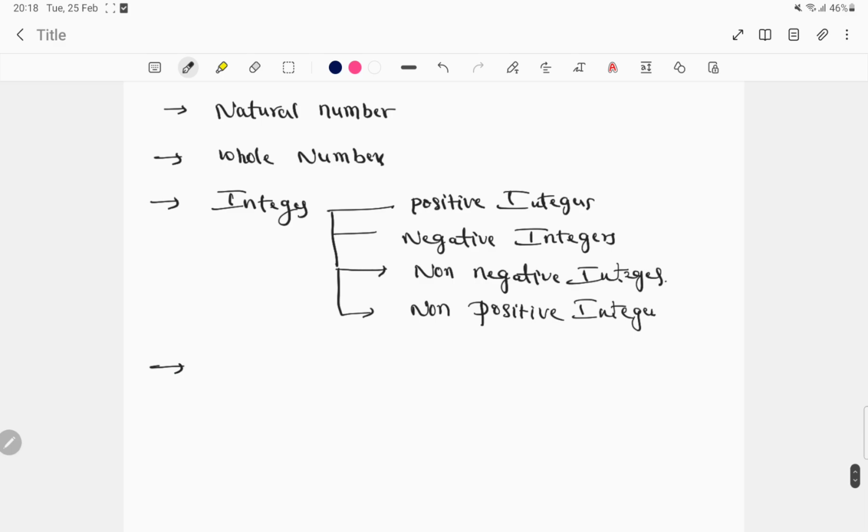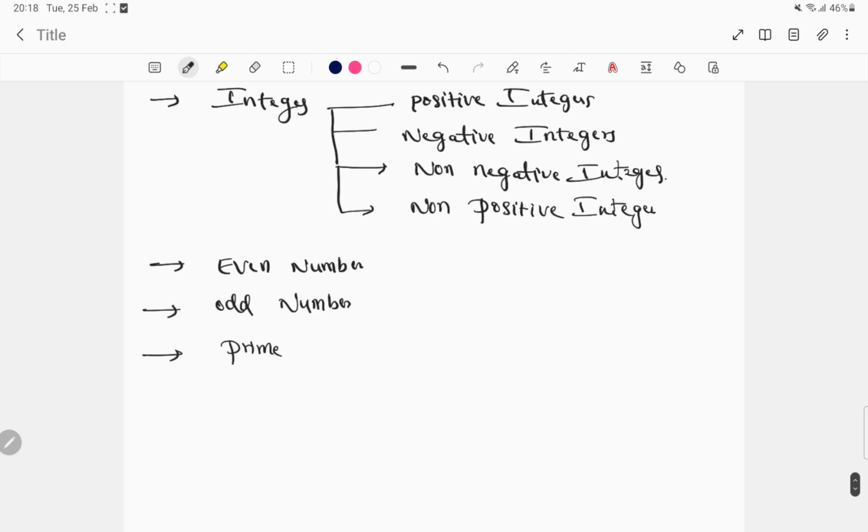Next we discussed odd numbers and even numbers. Next, prime numbers and composite numbers.